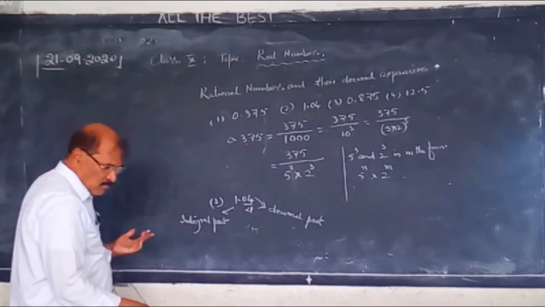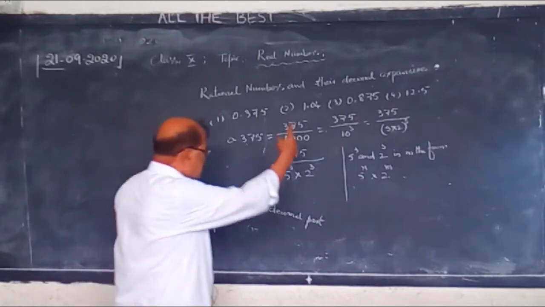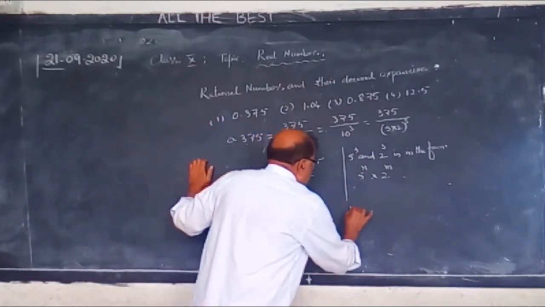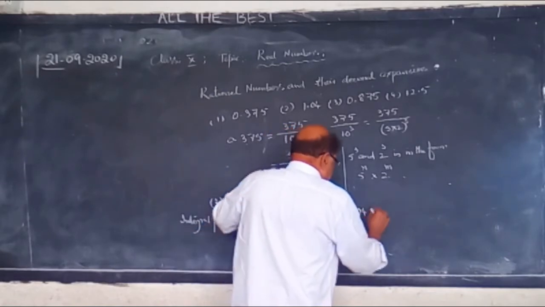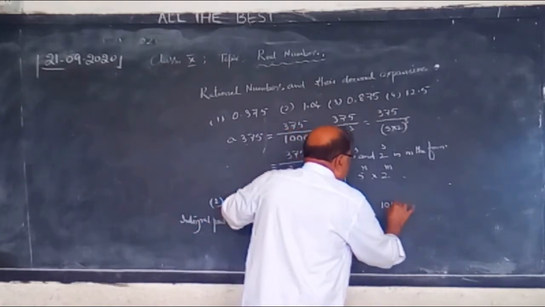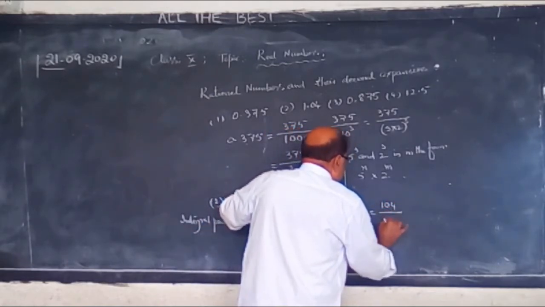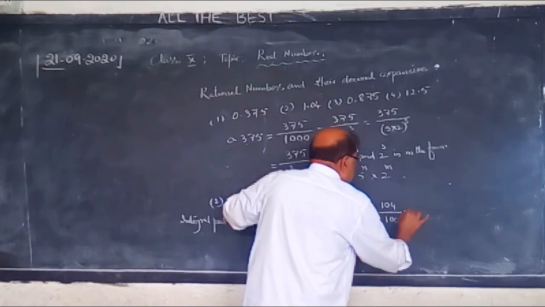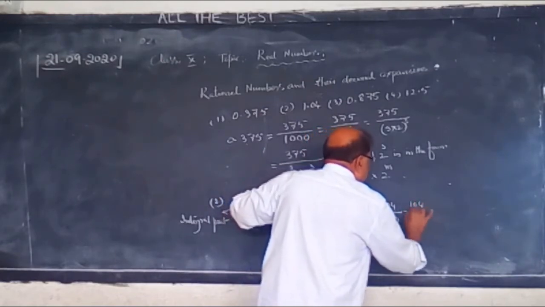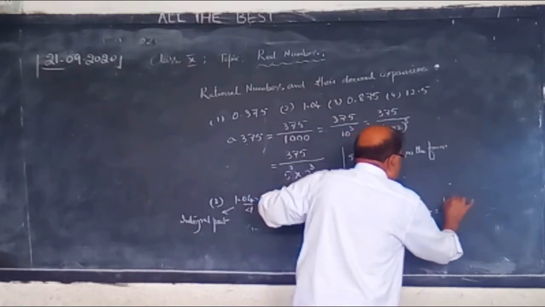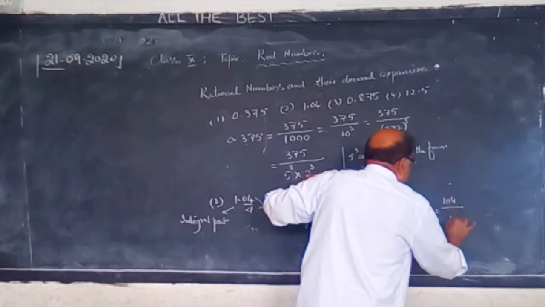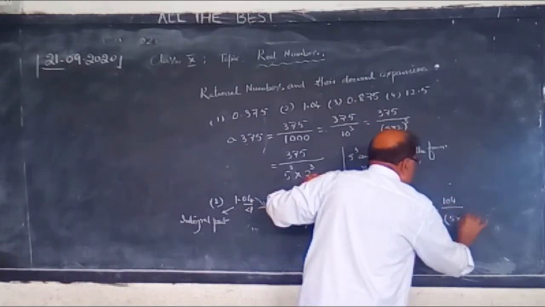Now if we convert 1.04 in the same form into a common fraction, it is 104 by 100. So this is 104 by 10 square, which is 104 by (5 into 2) whole square.